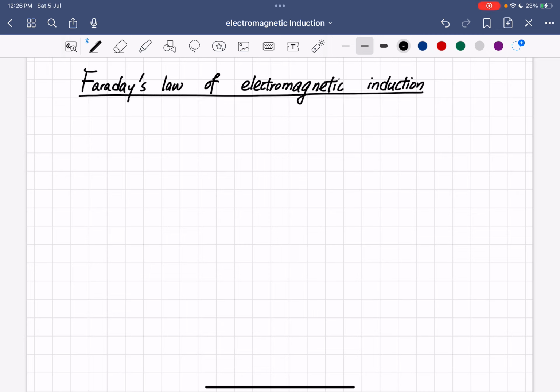And the mathematics is E equals minus N d phi over dt. This is how the textbook usually writes it, but I will suggest just calling it like this.